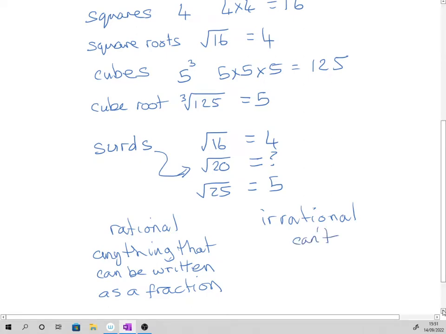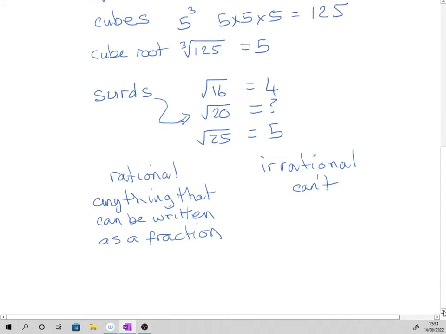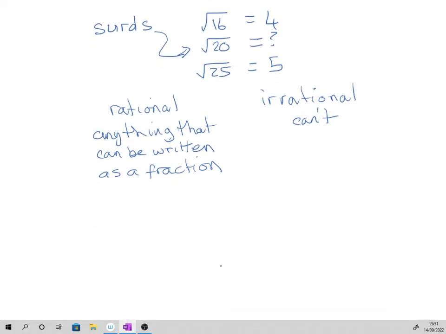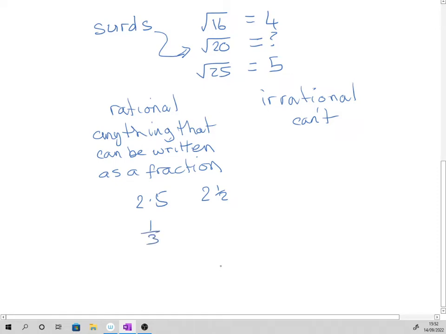An example is, right, let's see, 2.5 can be written as a fraction. Yeah, so that's fine. So a decimal there can be written. A third is a fraction.